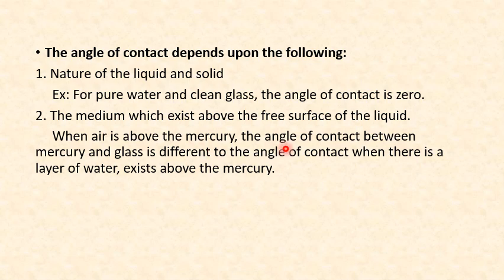That is, the angle of contact between the mercury and glass is different from the angle of contact when there is a layer of water above the mercury. So that completes angle of contact.